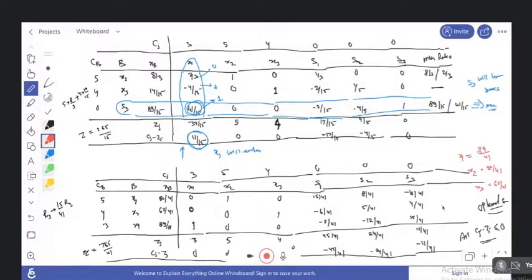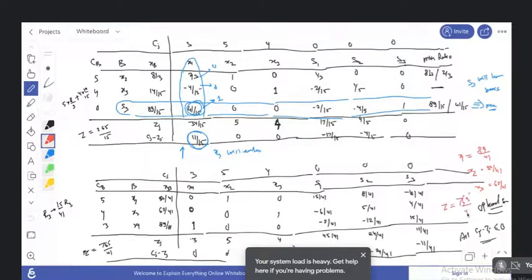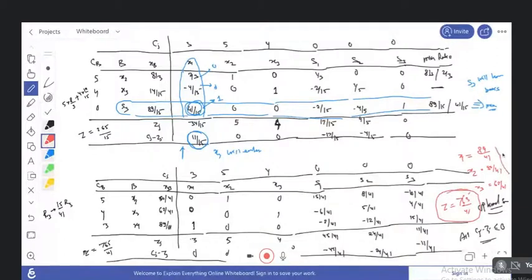And what is the maximum value of z? This is equal to 765 over 41. So this is the optimum value. Okay.